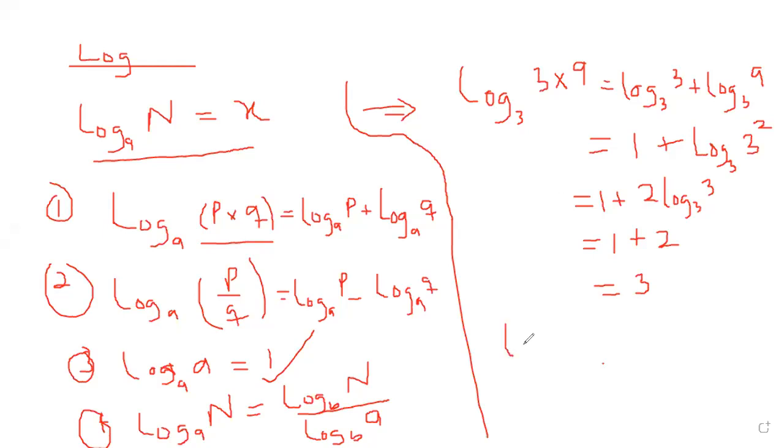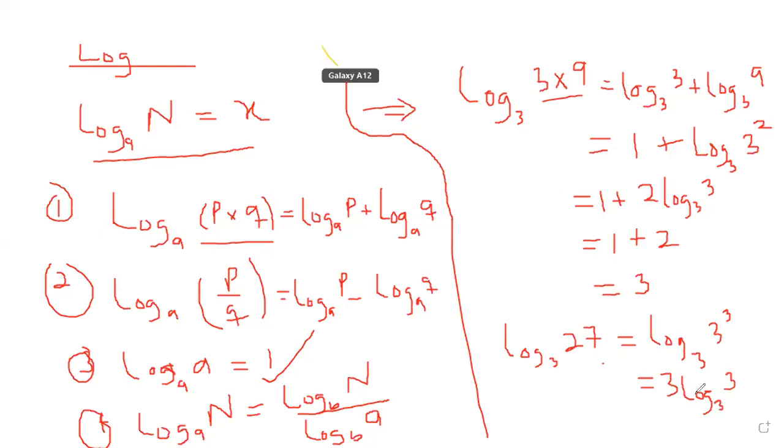Log of 3 times 9 is what? 27. Now 27 is the same as 3 raised to the power 3, which can be rewritten as 3 log 3 to the base 3.